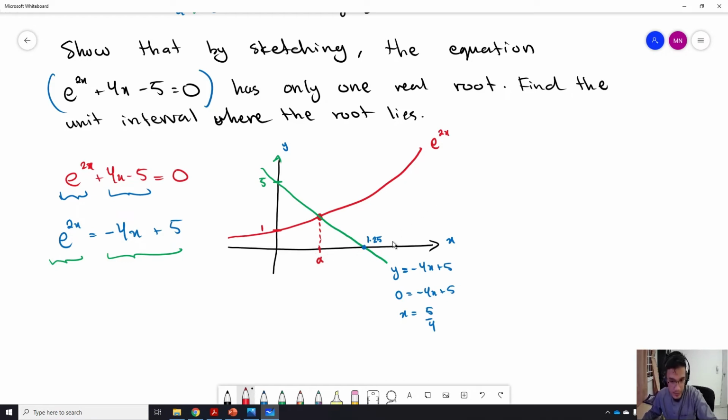As we know, on the right side of the alpha we have 1, because this is 1.25, so this must be 1 right in between alpha and 1.25, and to the left of 1 we have 0 right over here. So from that information, we can say that the root of the equation lies in the interval between 0 and 1.